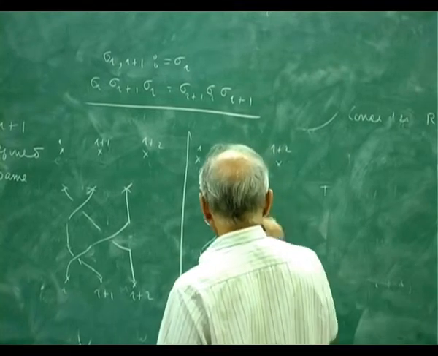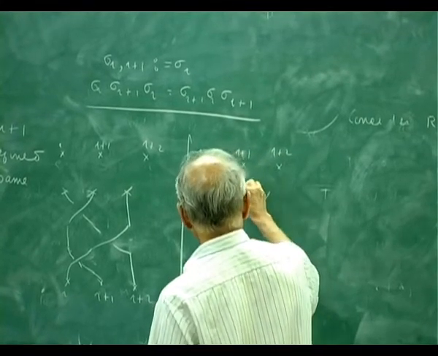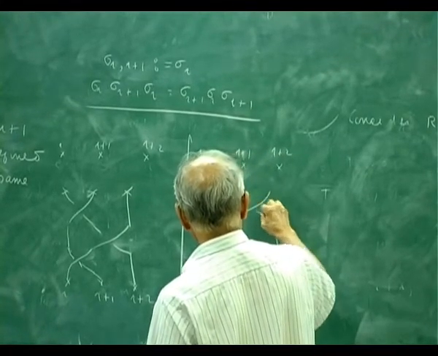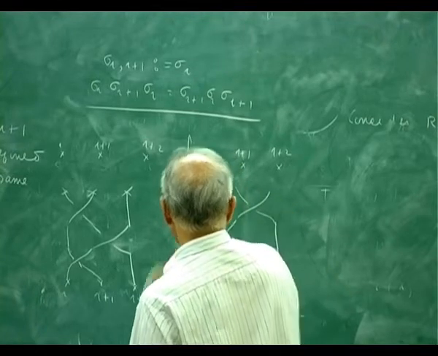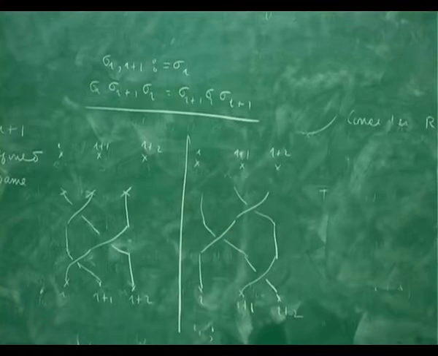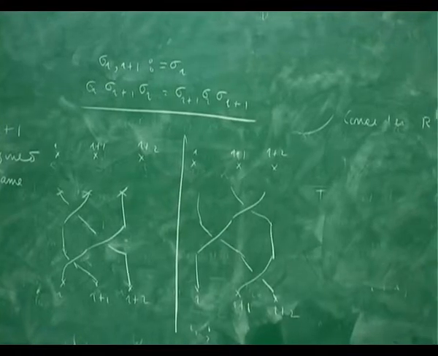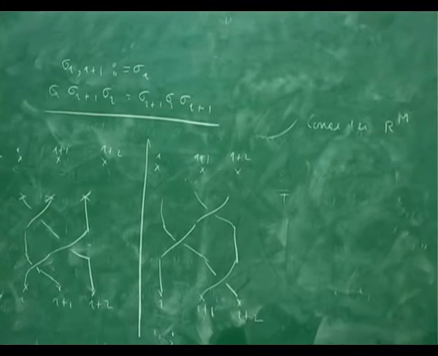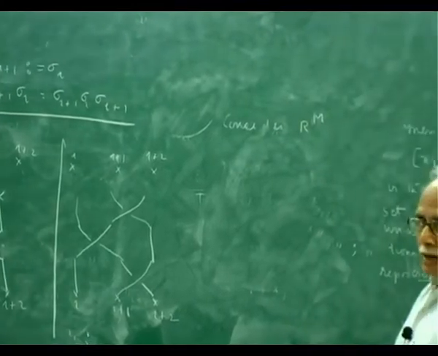Then I come here. So this goes over, like so. If you stare at this, you can see that these two loops are the same up to homotopy.